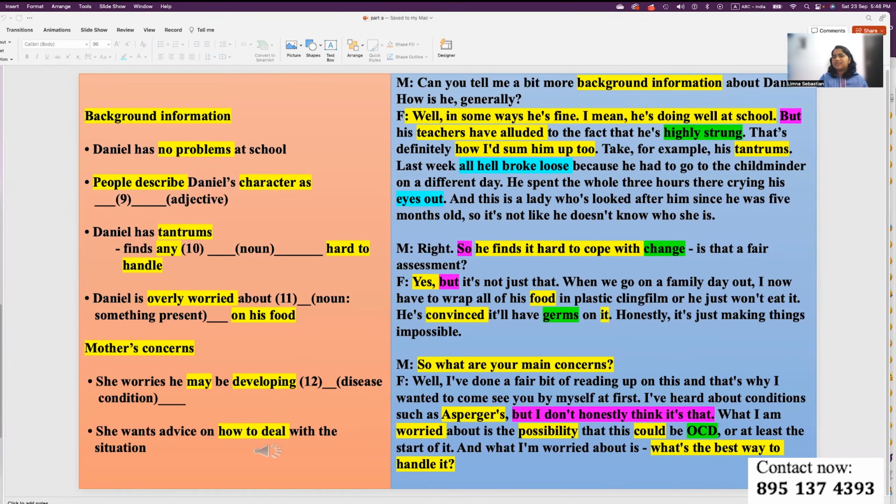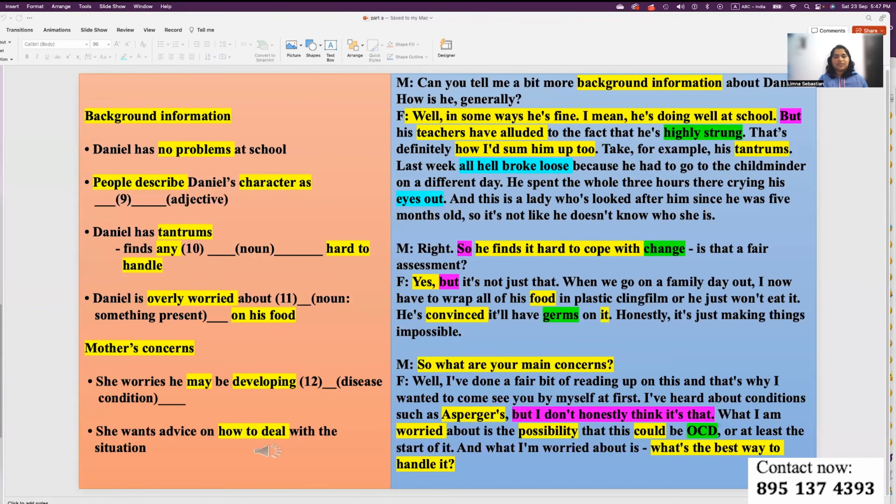Okay. Now, again, the pediatrician is asking: so he finds it hard to cope with change. Is that a fair assessment? He is asking. So our bullet point, we can say Daniel has tantrums. Under that, finds any, there is a gap, hard to handle. While listening to this one, we can understand the answer is change, because it's totally paraphrased.